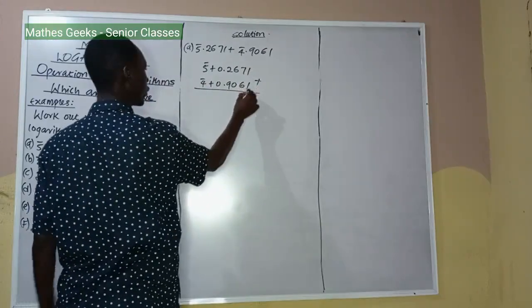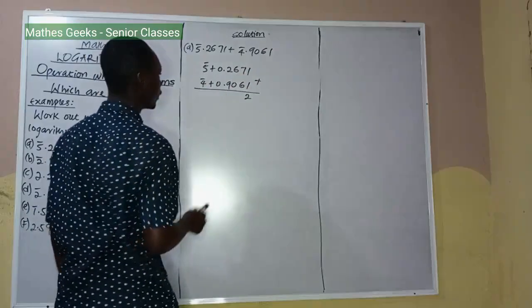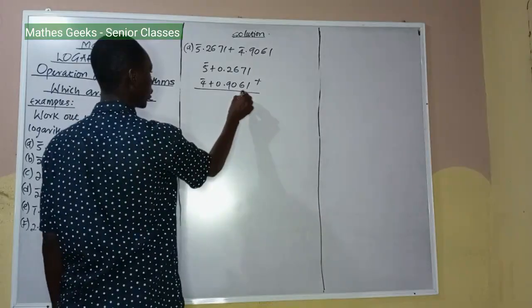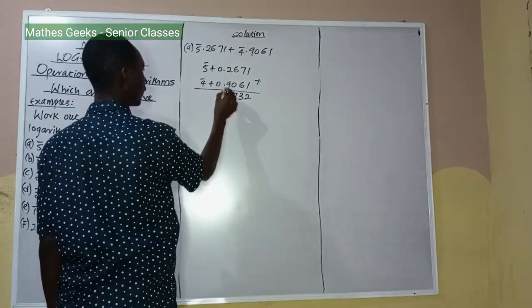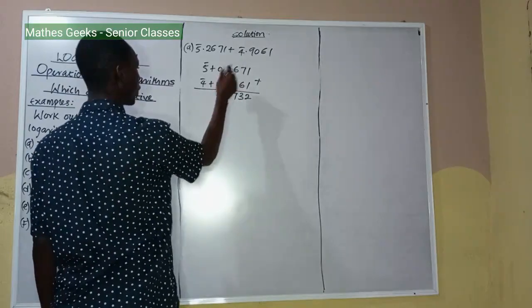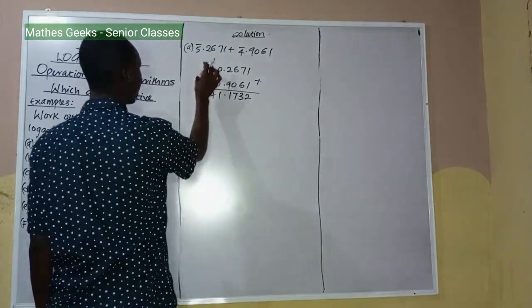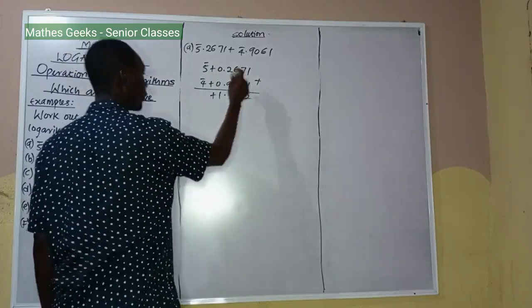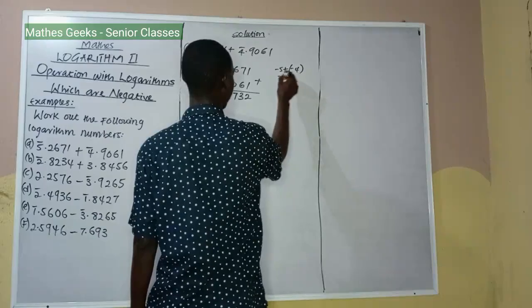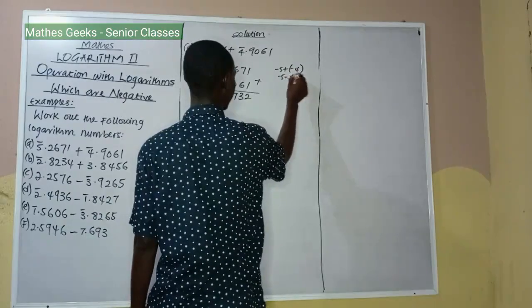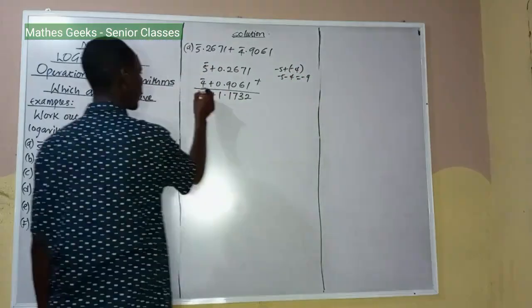So 1 plus 1 is 2, 7 plus 6 is 13, carry 1, 6 plus 0 is 6, plus 1 is 7, 2 plus 9 is 11, 0 plus 0 is 0, plus 1 is 1. Plus bar 5 plus bar 4, which is minus 5 plus minus 4.